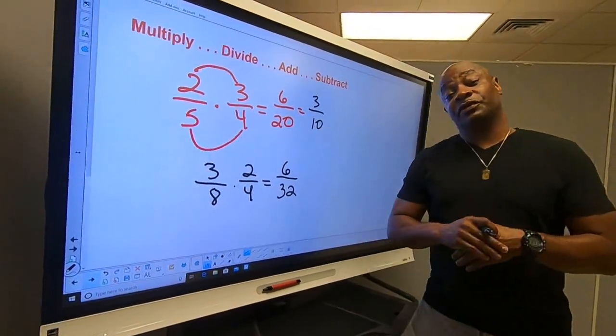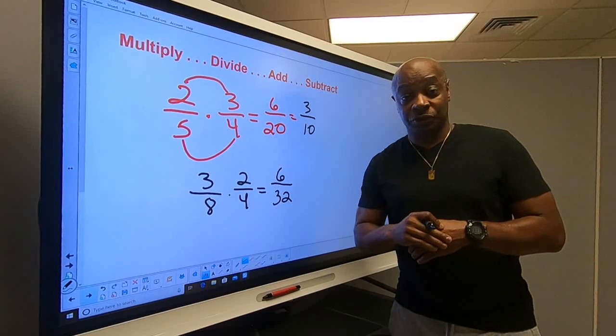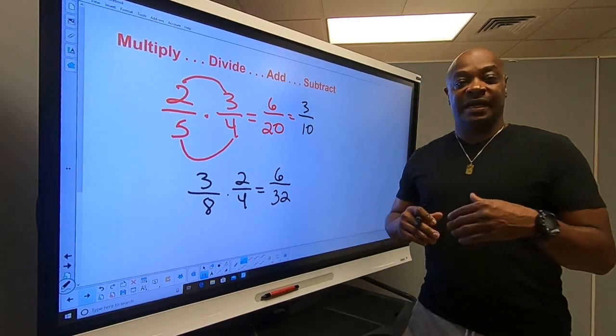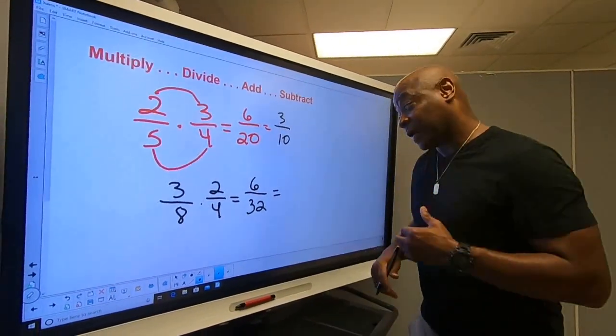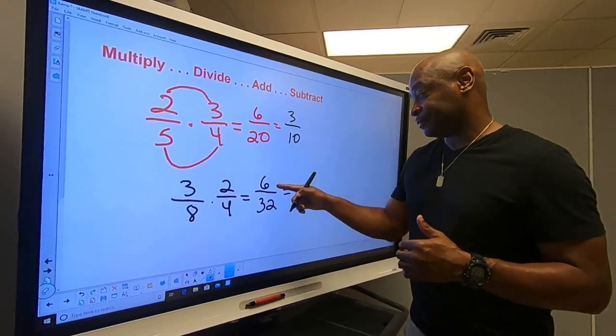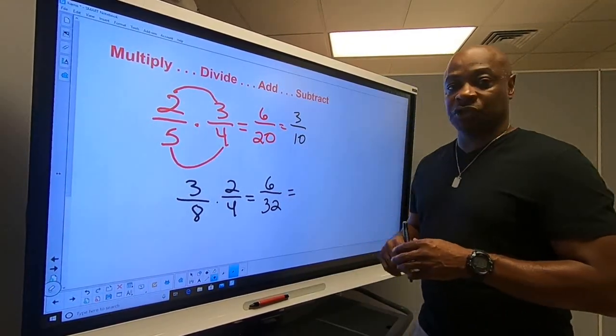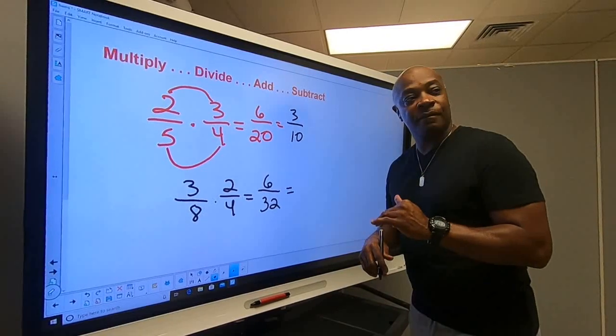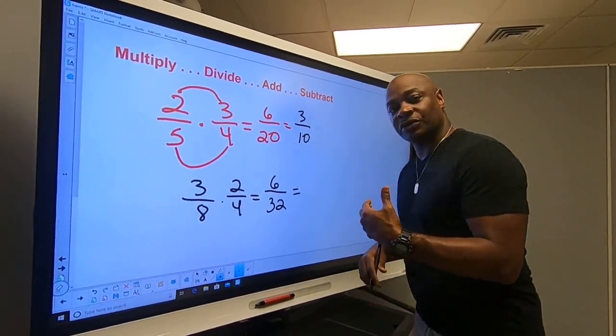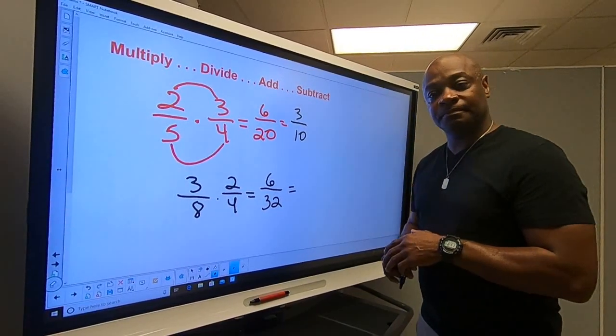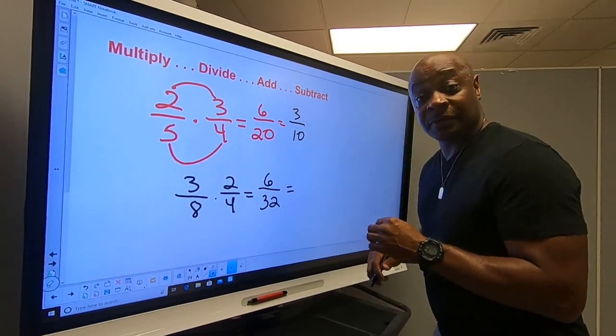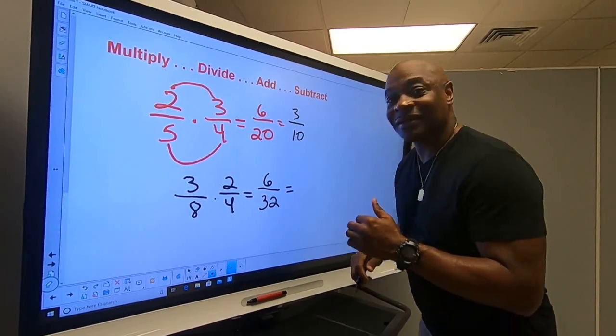Can we do something to 6 over 32? What can we do to it? Good. We can simplify. Okay. Let's simplify 6 over 32. What number that we know can go into 6 and 32 an even number of times? Good. We said what? I hear you.